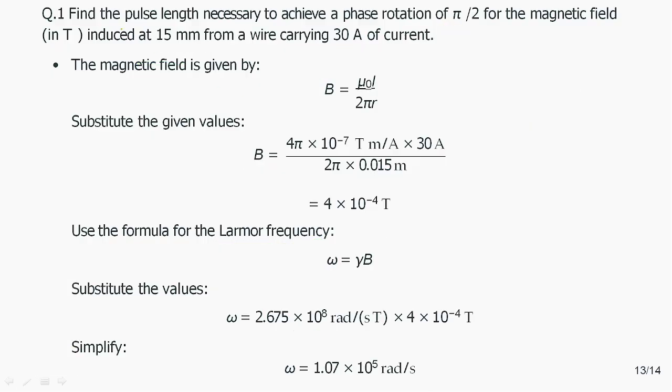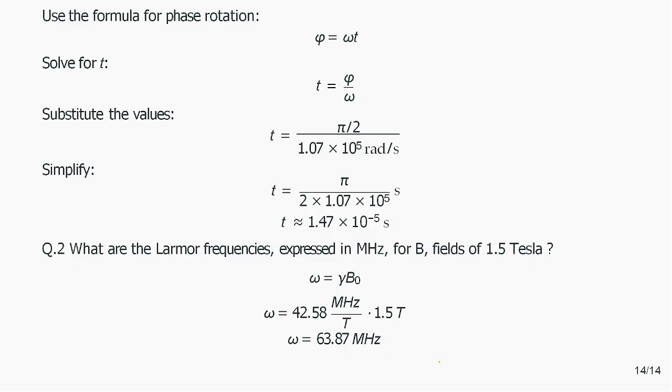Now the question is, find the pulse length to achieve that phase rotation of pi by 2. We have the Larmor frequency and the phase to change. The formula for phase rotation is phi equals omega t. We know omega, and t can be calculated. Solving for t, t equals phi by omega, where phi is pi by 2 radian.